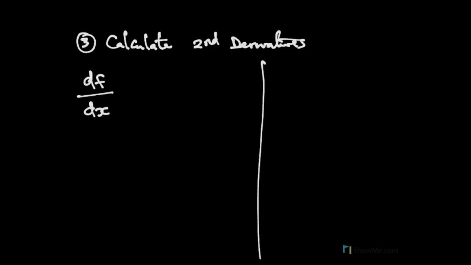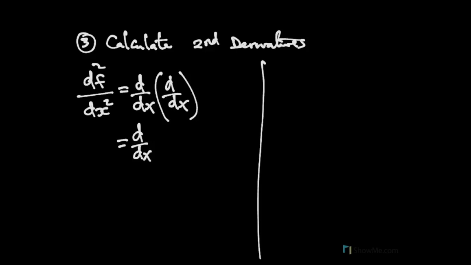So the second derivative can be written like that. So this is the same as saying d over dx times dx. Then we know the partial derivative of f, which is that, is 3x squared minus 3. This will give you 6x.